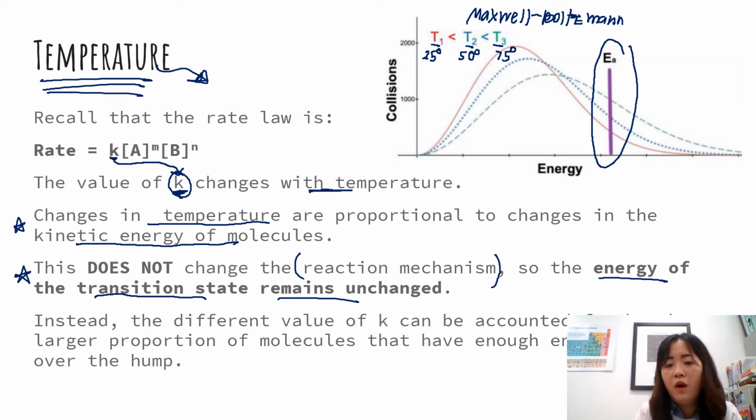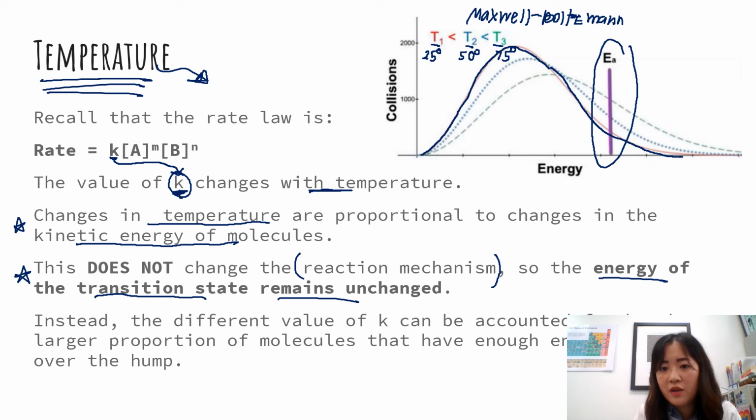For temperature 1, we're at 25 degrees. You can see this is describing the kinetic energy of our molecules. The number of molecules under the curve for temperature 1, temperature 2, and temperature 3 is not changing. The number of molecules stays consistent, but the curves themselves are flattening out.